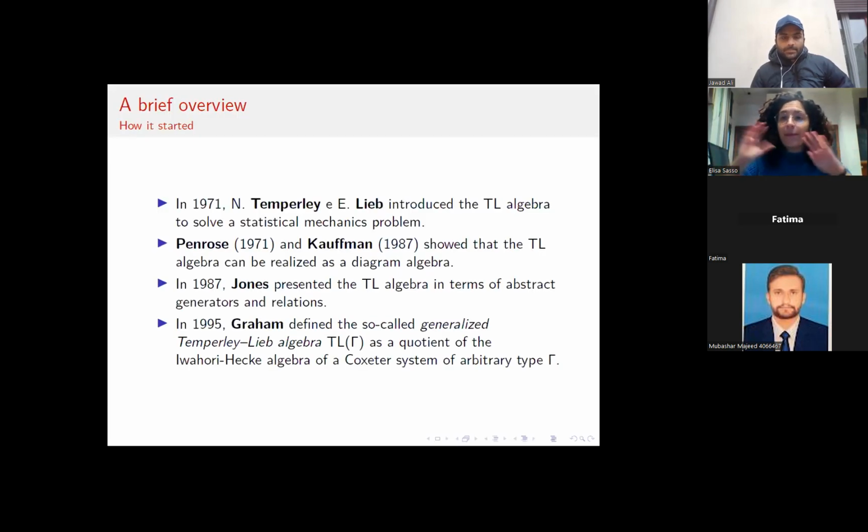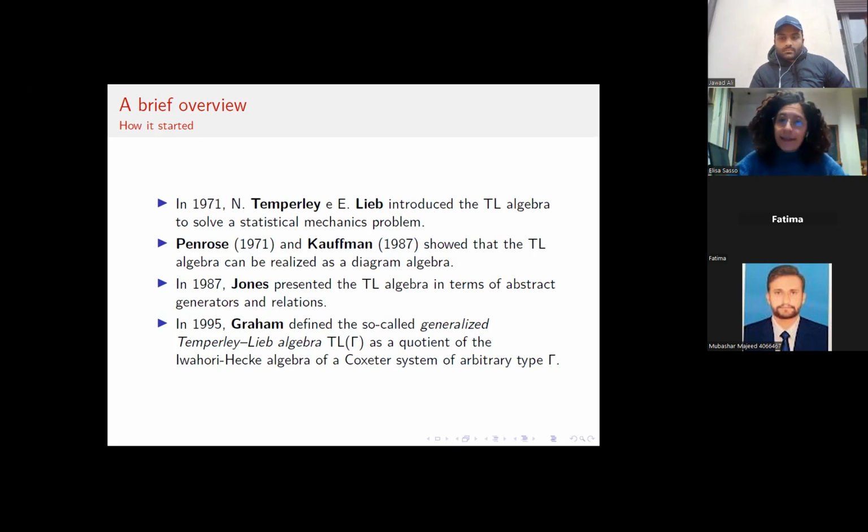So first of all, a bit of history. Actually, those algebras come from statistical mechanics. The first Temperley-Lieb algebra was introduced in 1971. Later, Penrose and Kauffman realized this algebra as a diagram algebra, and a diagram algebra is an algebra which is made of planar diagrams that can be multiplied between them.